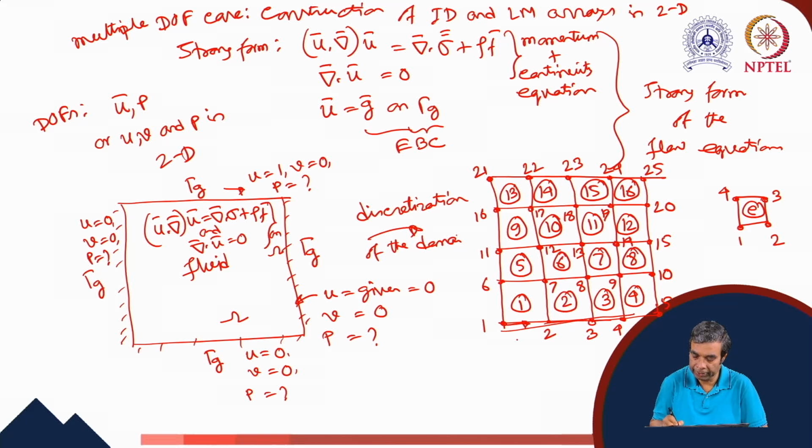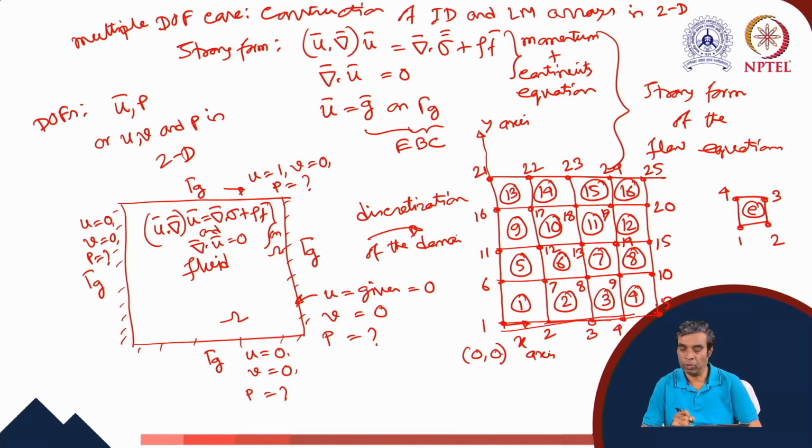This is matching with the x-axis, and here we show the y-axis. So global node 1 corresponds to the origin of the Cartesian coordinate system.